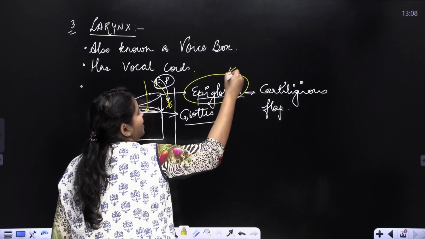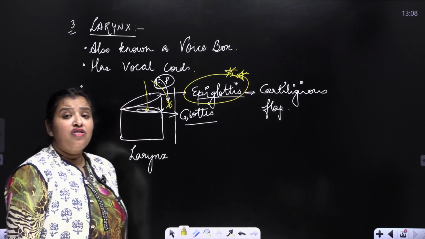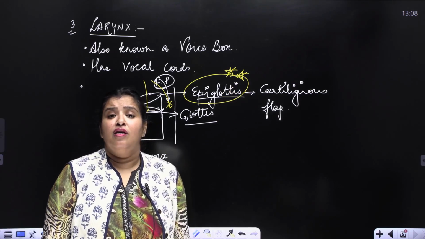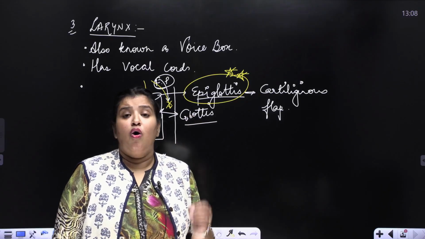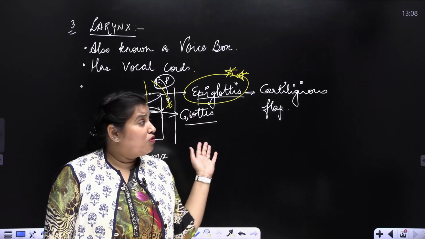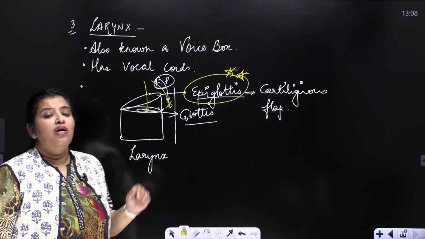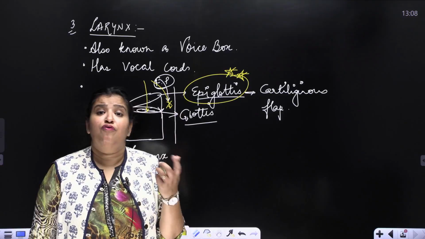This question has been asked a number of times: which structure prevents the passage of food in the windpipe, or what is the importance of the larynx besides producing sound. So the larynx has this structure which protects the entire respiratory tract from getting choked with food.